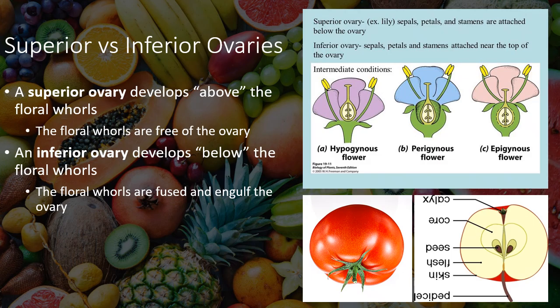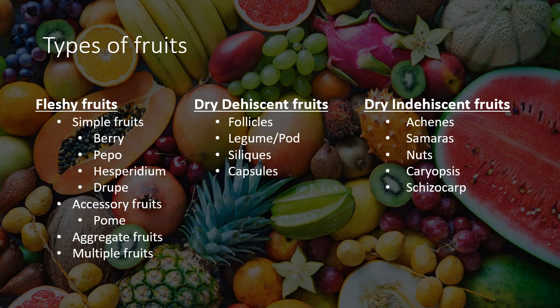The majority of the flesh of the apple is actually not the ovary. So we would say an apple has an inferior ovary. It's got the floral whorls engulfing over the top of the ovary, whereas a tomato would have a superior ovary, and the ovary kind of sits on top of and free of any of the other floral whorls.